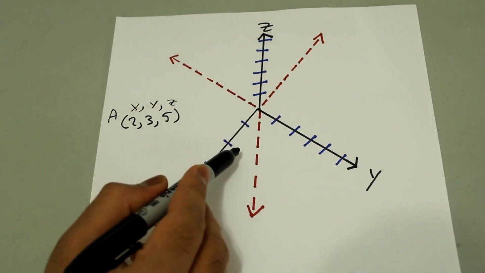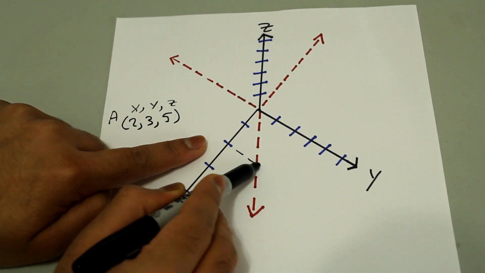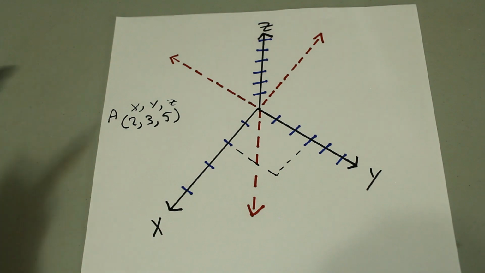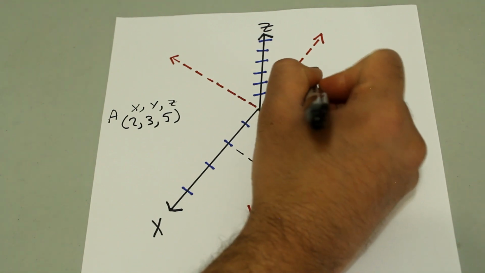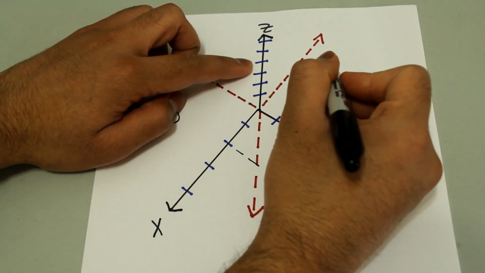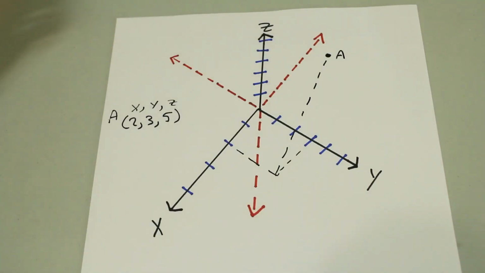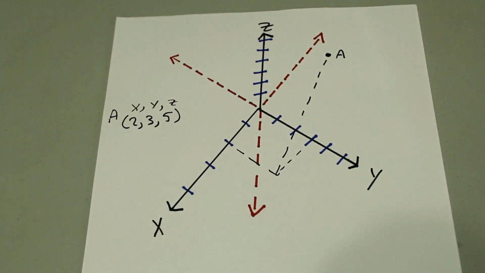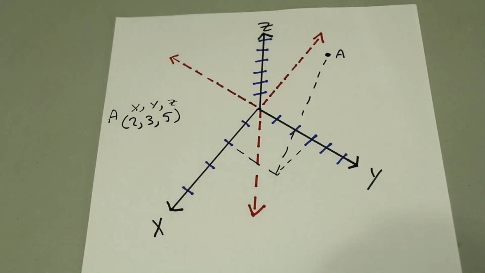The second coordinate is positive 3, so we go 3 in the positive y direction, so 1, 2, 3. And the third coordinate is 5, so we go up 5: 1, 2, 3, 4, 5. And that's our point A. And quick note, I drew these dashed lines just for simplicity, but the point we're interested in is this point right here. The dashed lines were just to make the drawing process a bit easier on me.